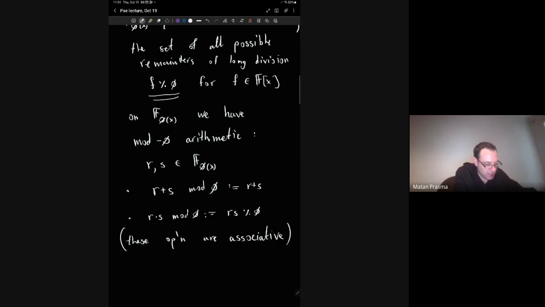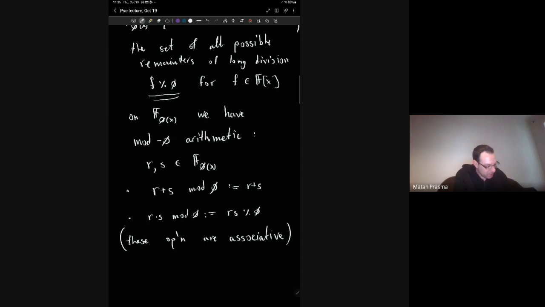You can check it yourself, but it's really the associativity of addition and multiplication of polynomials that gives you associativity of these modulo operations.